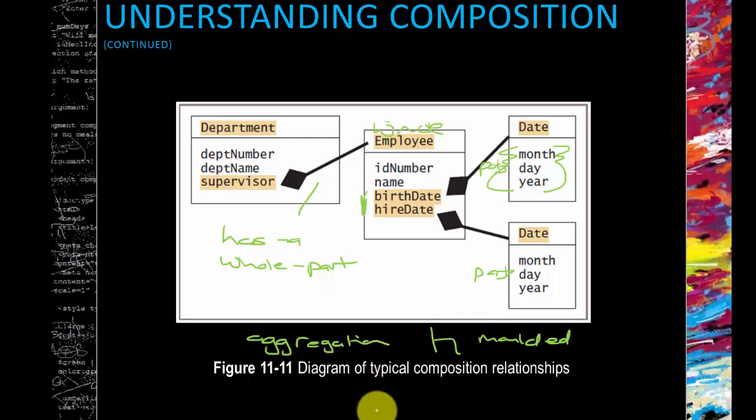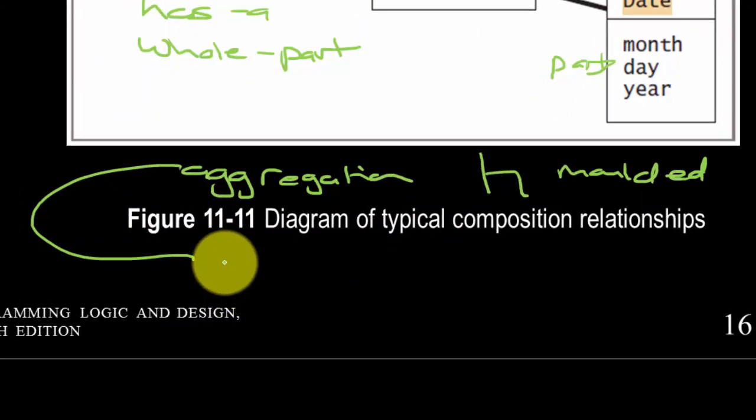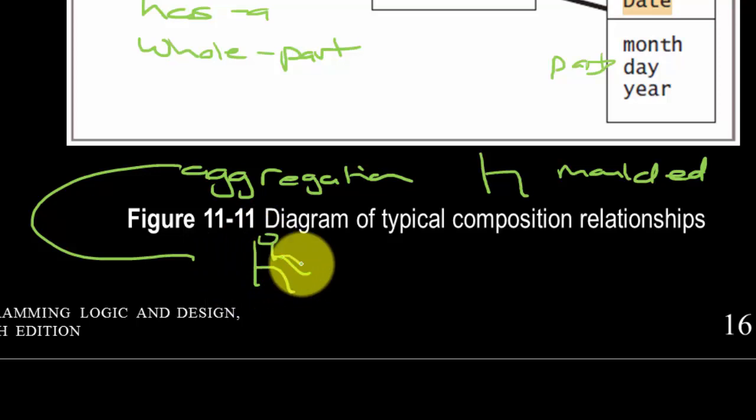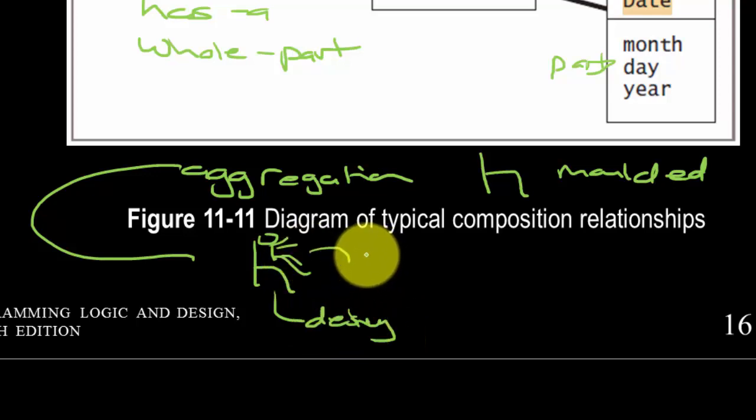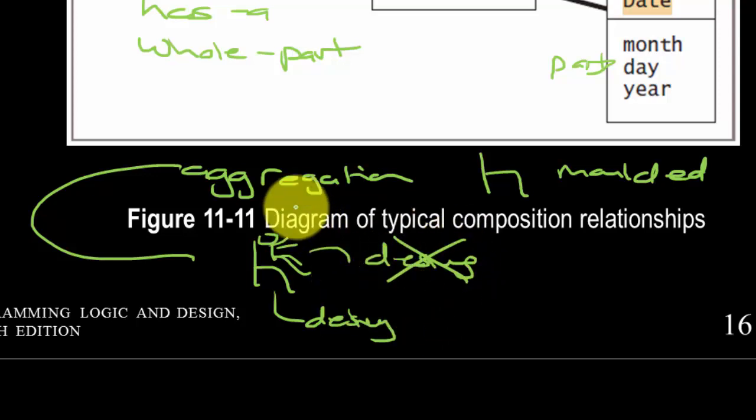Another example for aggregation would be when we have a chair and a person sitting on the chair. This forms a whole-part relationship here. You can destroy the chair here, so this can be destroyed, but you can't destroy the person. Okay, so the person cannot be destroyed. That is where we have aggregation.